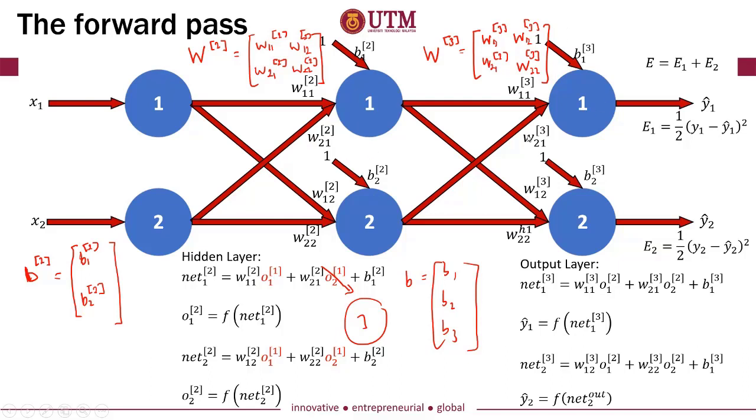Same goes for the bias at the output layer. You need to arrange it in the same form. So B of your output layer should be equal to B1 2 and B2 2.